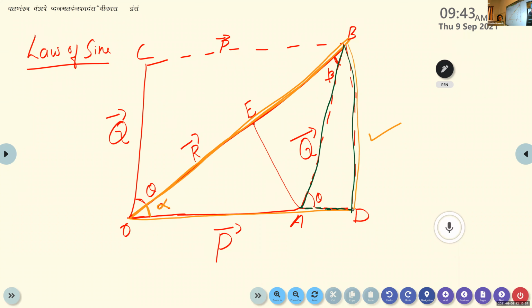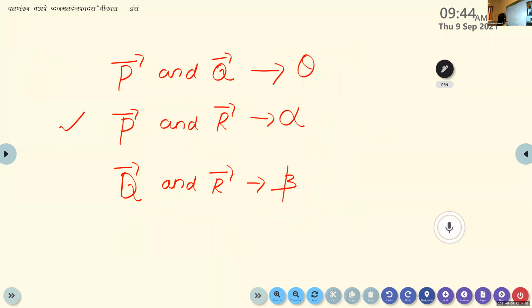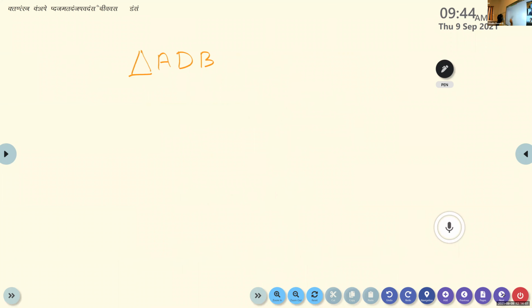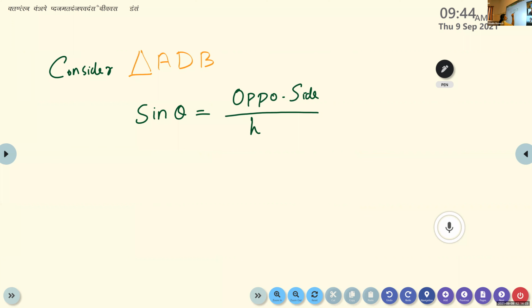Angle theta. So here, from the triangle ADB, we are going to find out sine theta. From triangle ADB, sine theta is equal to, again the same equation, opposite side divided by hypotenuse.